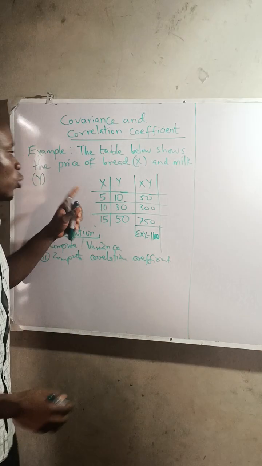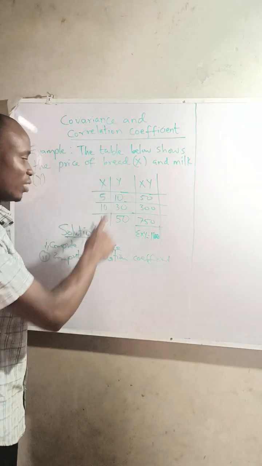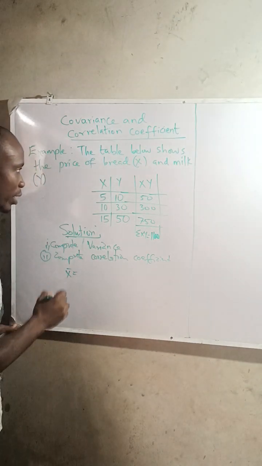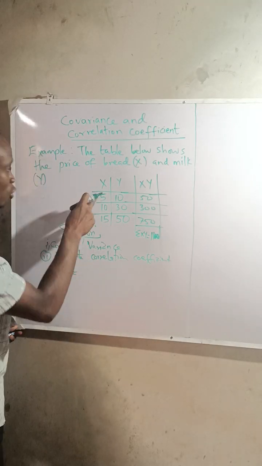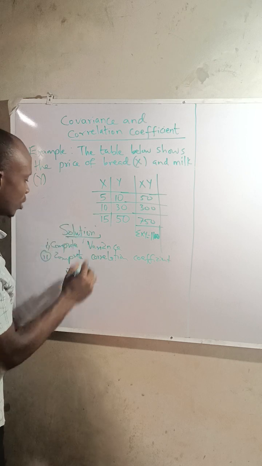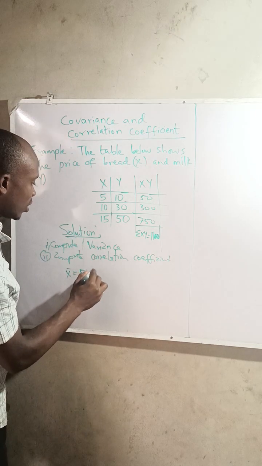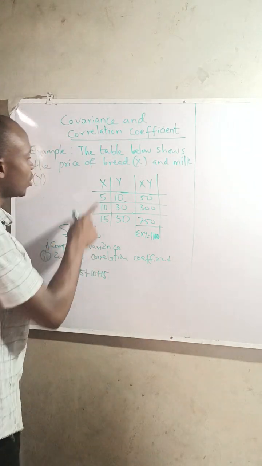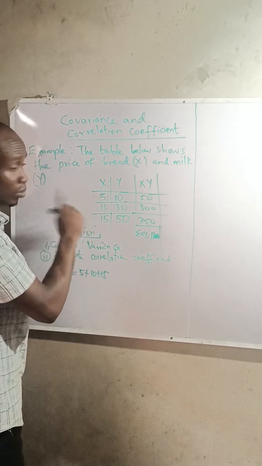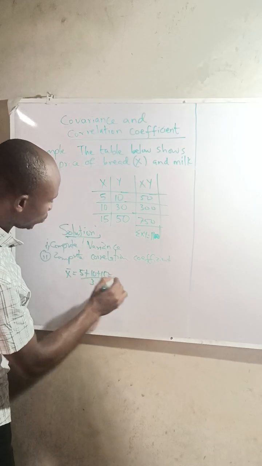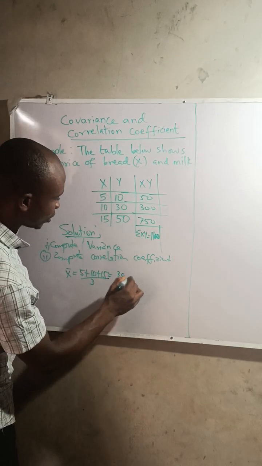So we're going to look for the mean of x and the mean of y. So we have x bar, the mean of x, and then we're going to have the summation of these values for x. So this is going to be 5 plus 10 plus 15. We have three data points, or three observations, 1, 2, 3. So this is over 3. And when you do this, you have 30 over 3, and that gives us 10.